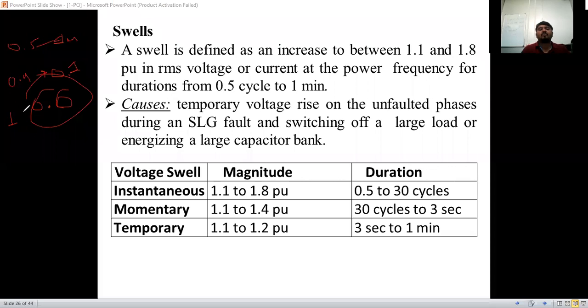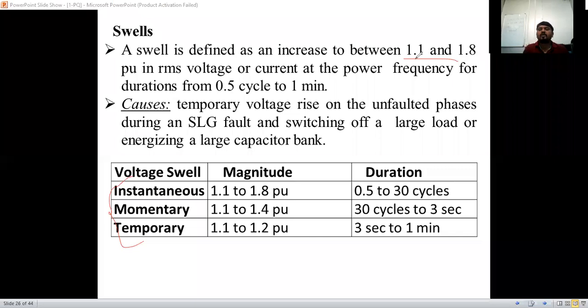It is a sag, and it comes under momentary, which covers up to 3 seconds. Suppose for 1 cycle the voltage is 0.2 per unit. That is called an instantaneous voltage drop. Like that, voltage sags occur in 3 categories. Swells are when the voltage increases from 1.1 to 1.8 per unit.